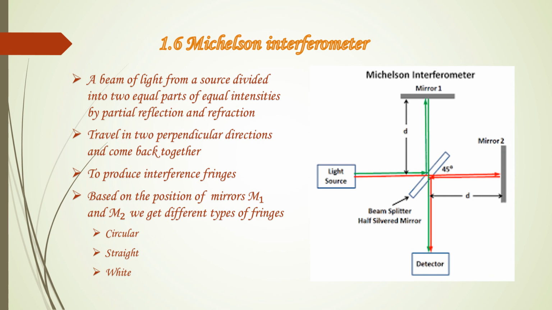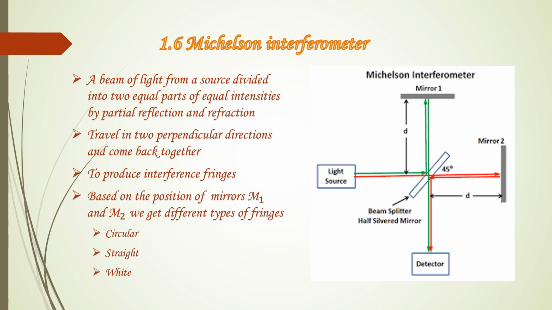Second, we can see the Michelson interferometer. In the Michelson interferometer, a beam of light from a source is divided into two parts of equal intensities by partial reflection and refraction. These waves travel in two perpendicular directions and come back together to produce interference fringes. In the Michelson interferometer, we have two mirrors.